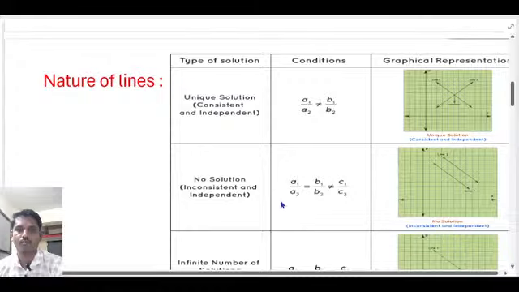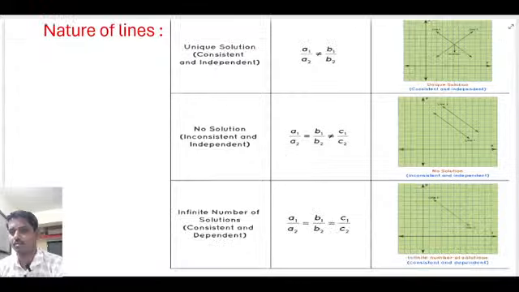Suppose we have the equations such that the ratio of coefficients a1 upon a2 is not equals to b1 upon b2. So in such case, pair of lines will be intersecting lines, and they will have unique solutions.